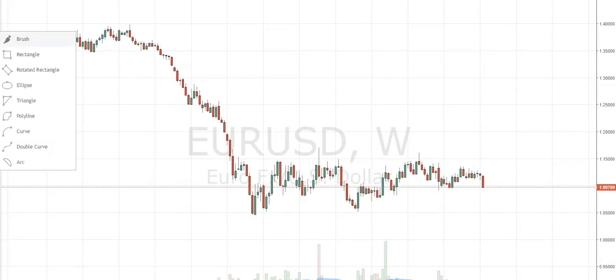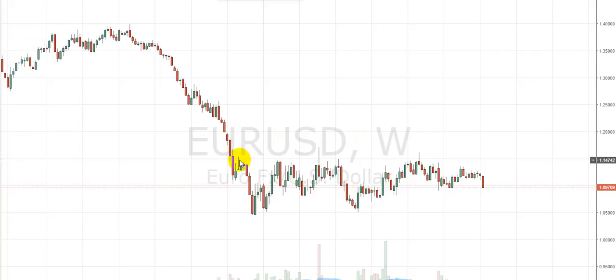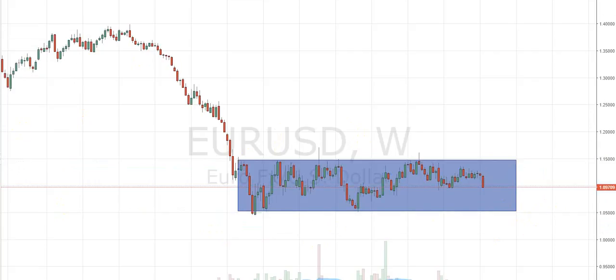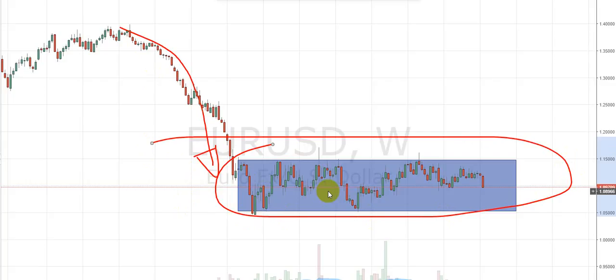Okay, and we were discussing already a few times this kind of range after this move to the downside. We are preparing most probably for a further move down.